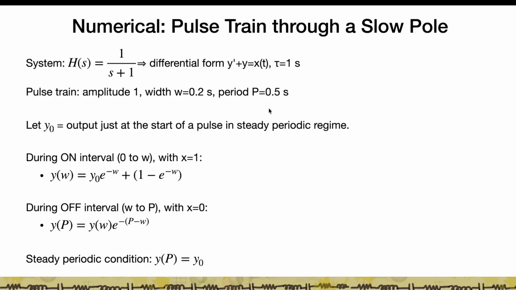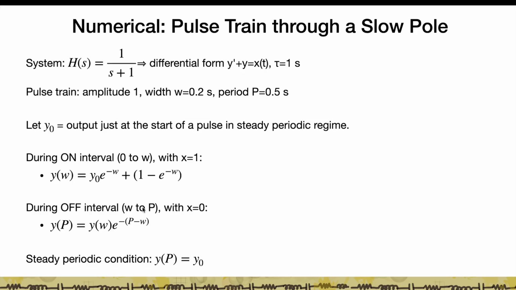We can compute the steady periodic regime using a simple recurrence. So let y0 be the value right when the pulse begins. During the on interval, with input 1, the system moves forward towards 1 with an exponential approach.